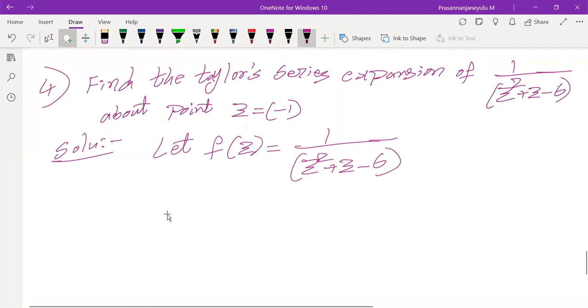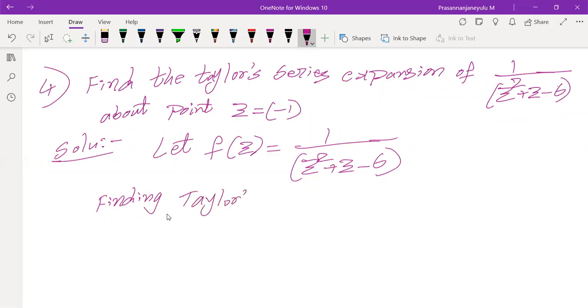So, repeating, whatever I discussed till now is wrong for this problem. So finding the Taylor series expansion about z equals minus 1.